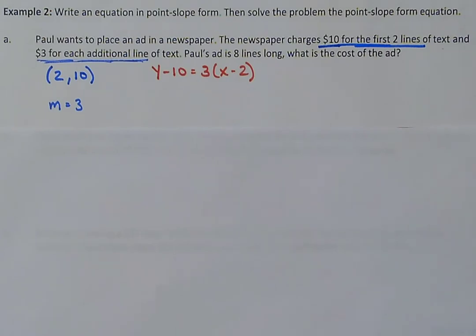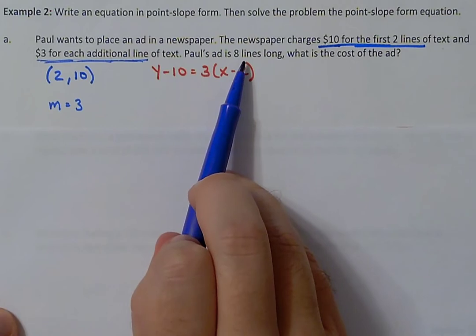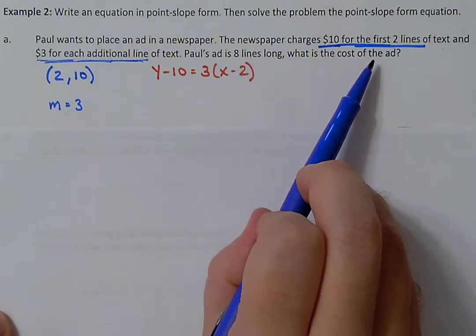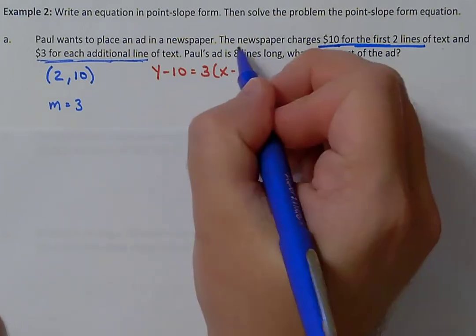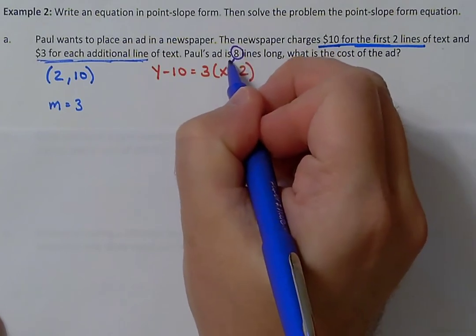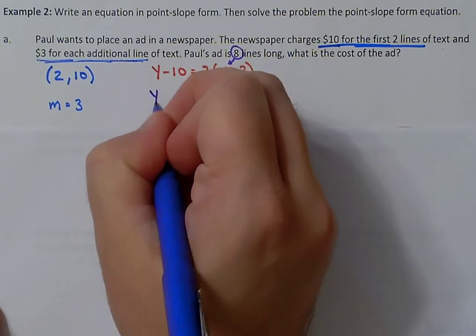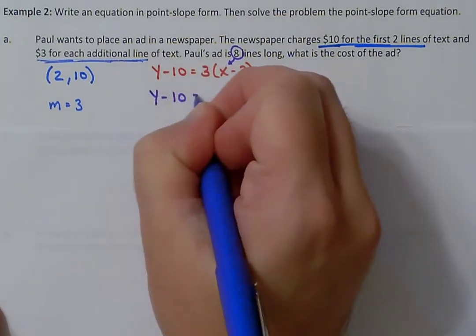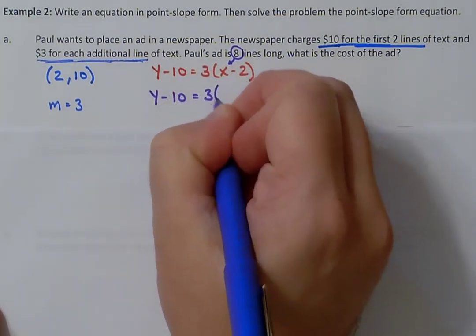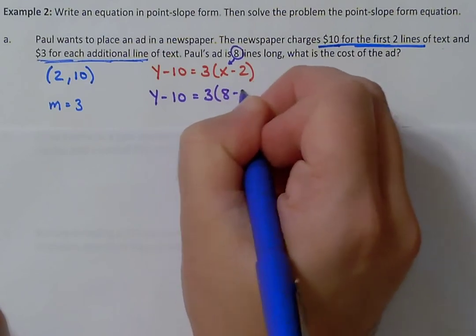So that's the first part. Now the next part asks, if Paul's ad is 8 inches long, what is the cost of the ad? So what I'm going to do is take this 8 and plug it in for x. When I solve for y, that's going to tell me how much the ad costs. So if I plug it in, we get y minus 10 equals 3 times 8 minus 2.